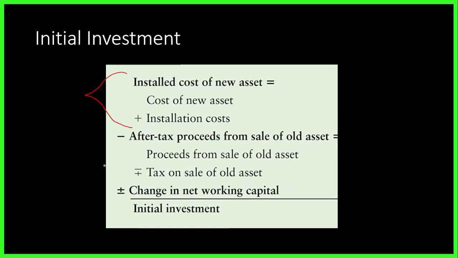But for replacement, isasama natin ito. Etong part na ito yung after-tax proceeds from sale of old asset. Okay, so what is the installed cost? That is the cost of the new asset plus any installation cost or any directly attributable cost needed for the asset to operate.